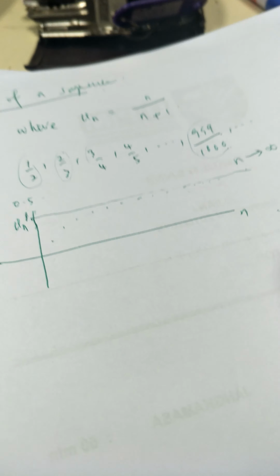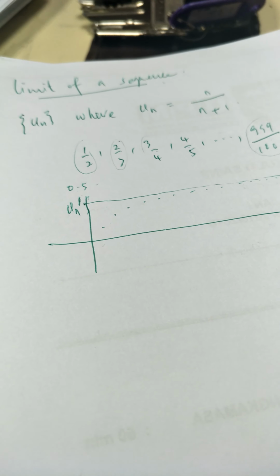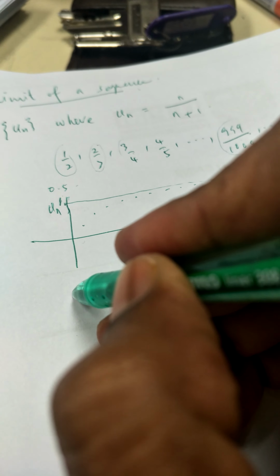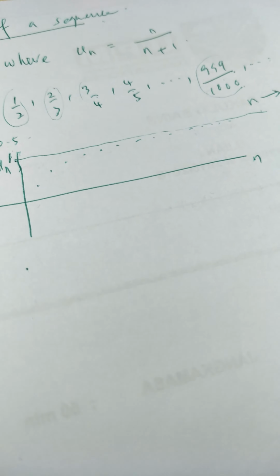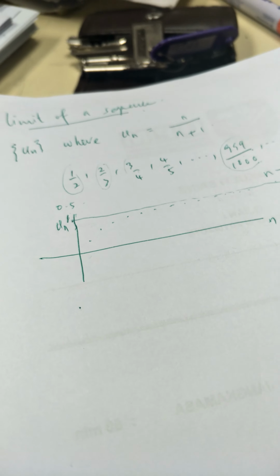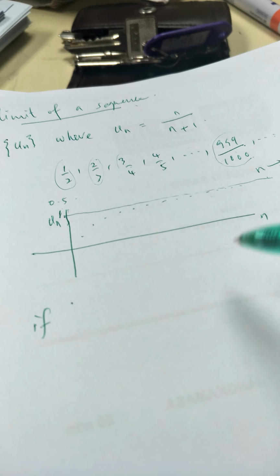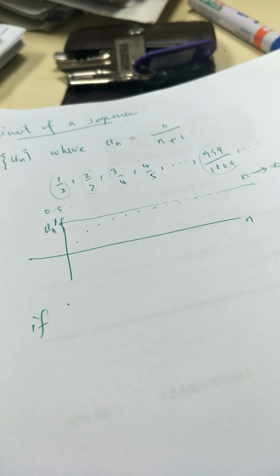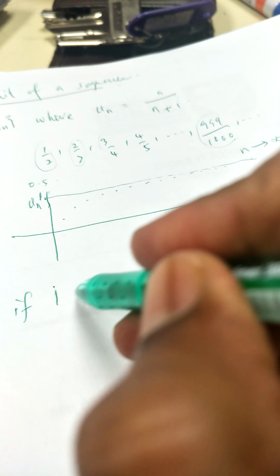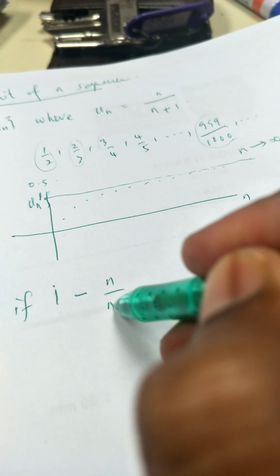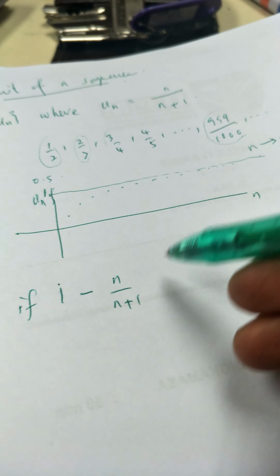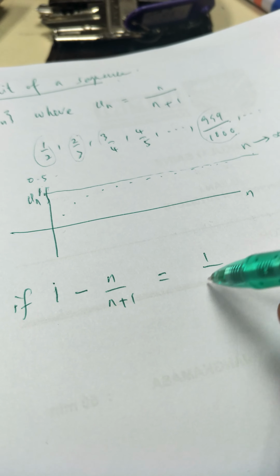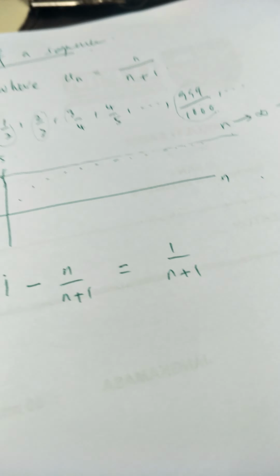The same thing applies for the same function: if you consider 1 minus n over n plus 1, this gives you 1 over n plus 1.